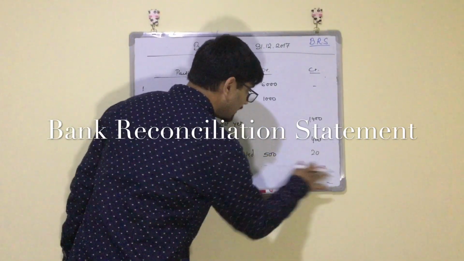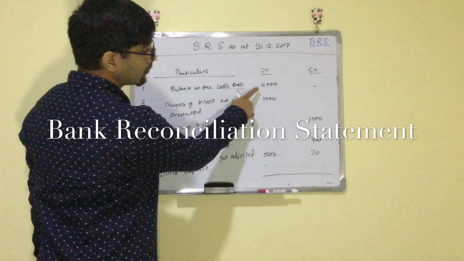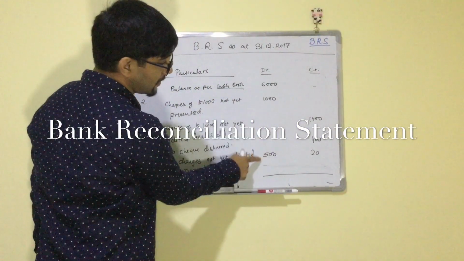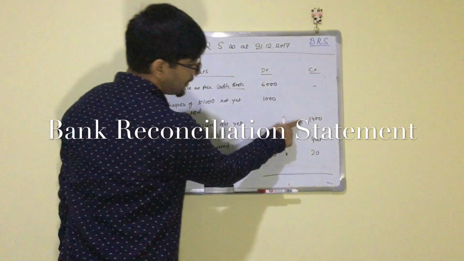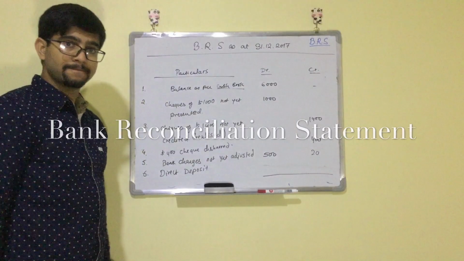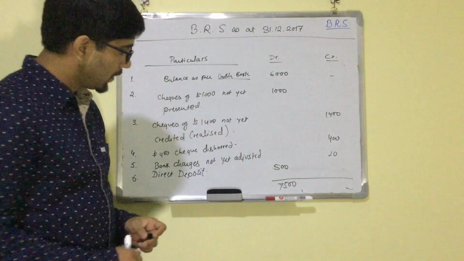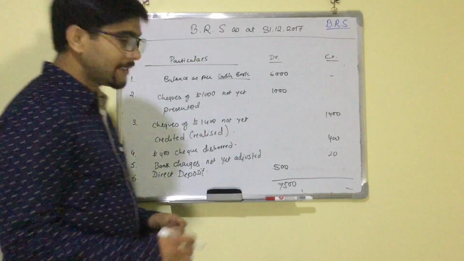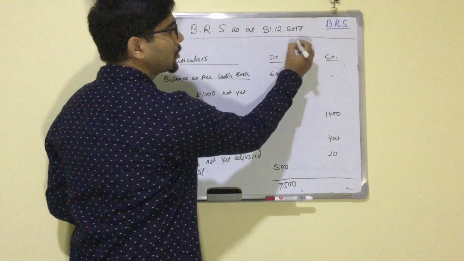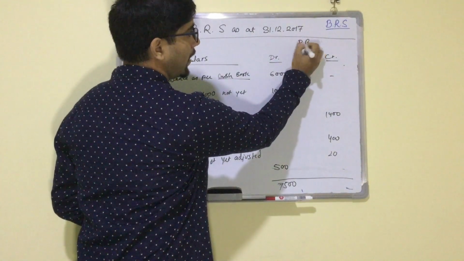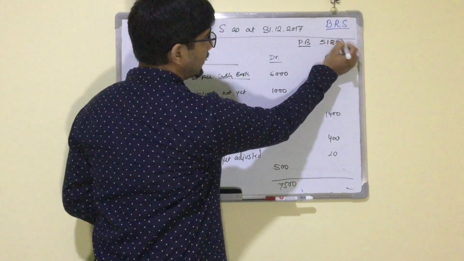Let's see. Okay. 6,000, 7,000, 7,500 minus 1,820. Okay, so I think there is a mistake in the balance. The balance of passbook should not be 5,180.